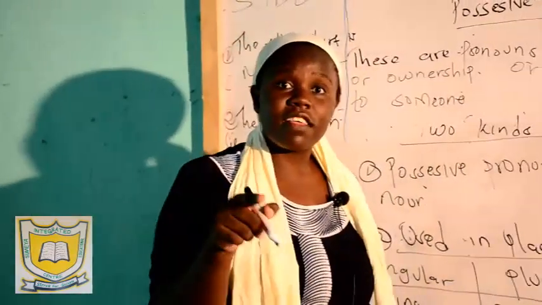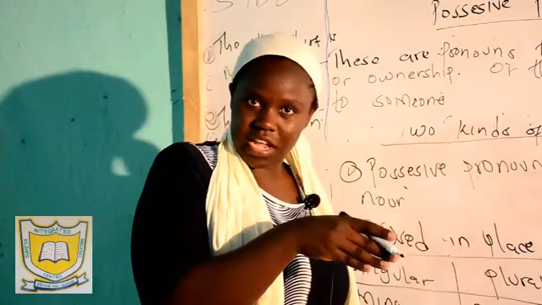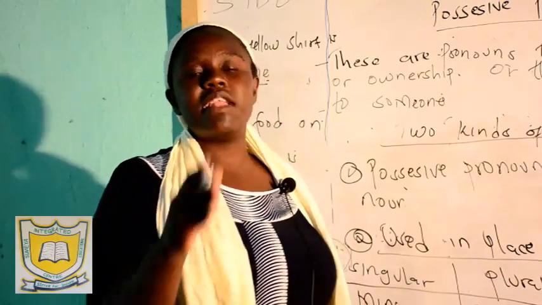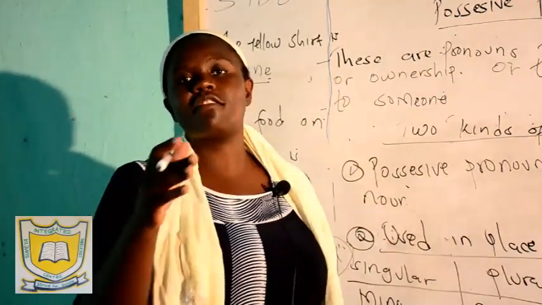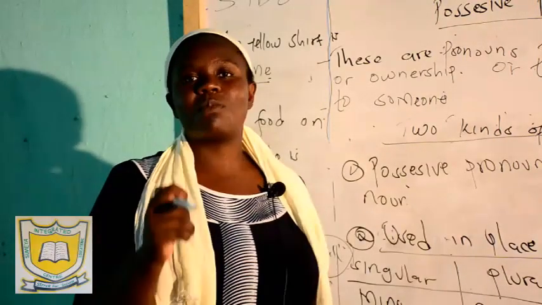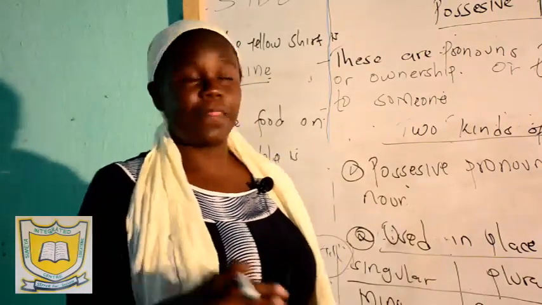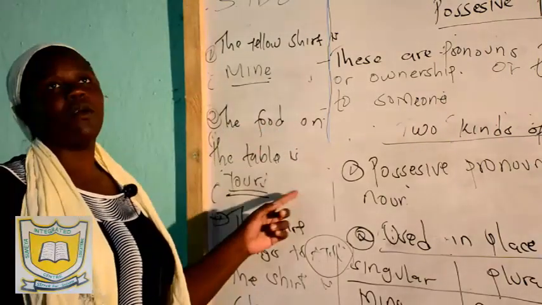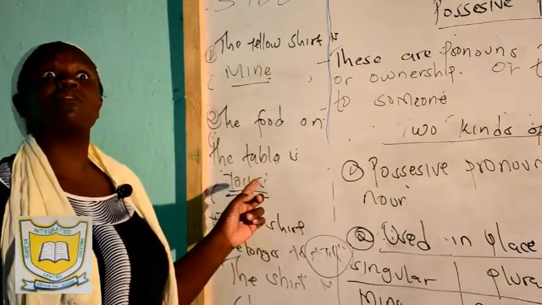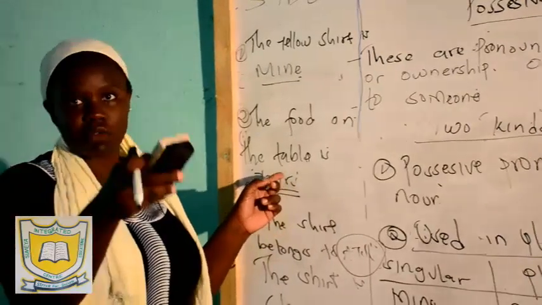They are called modifiers because they come before the noun. But if I want to use a possessive pronoun that is used in place of a noun, then it is going to come after the noun. I'm going to say the food on the table is yours. It belongs to you.